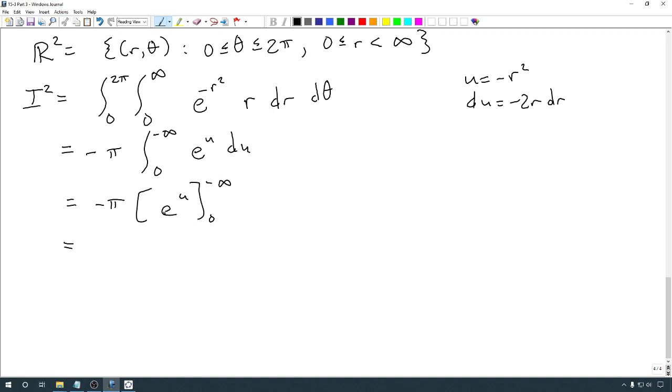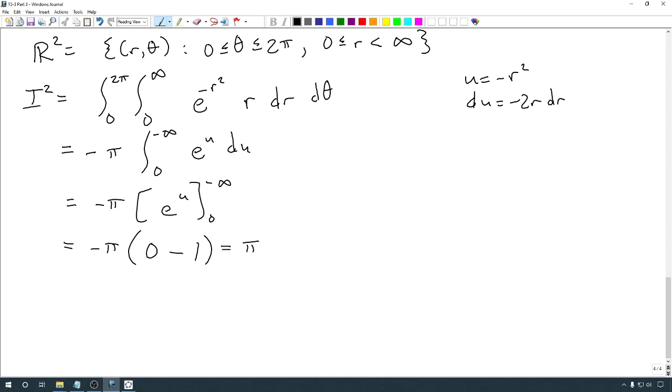When we plug in our limits, e to the minus infinity, well, we're really looking at the limit as u goes off to minus infinity of e to the u, but that is just 0, if you remember how exponentials work. So that minus pi times 0 minus what is e to the 0 power is just 1. So we end up with pi.